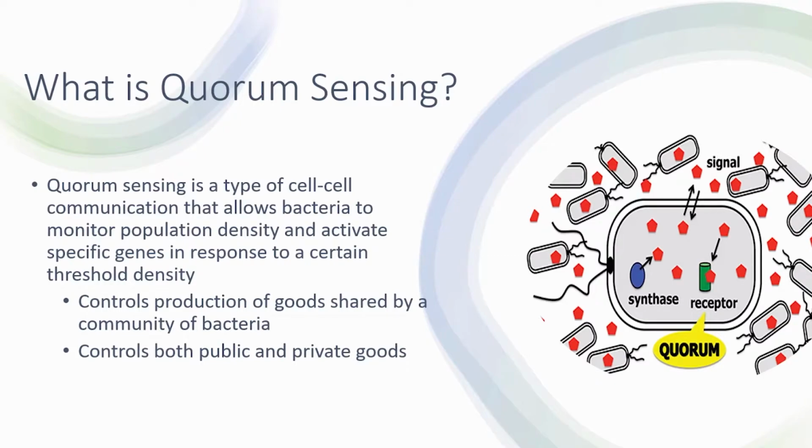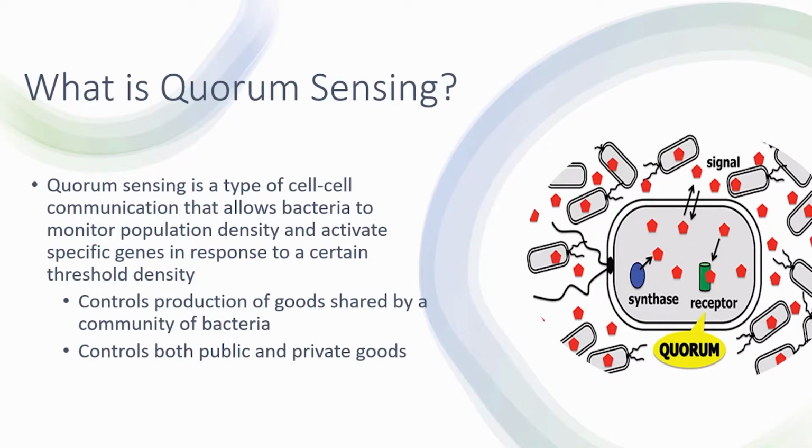The population density part of this is that if there's a large enough population, there will be more signals, and once the signals reach a certain threshold, that's when the receptor actually starts activating specific genes. They don't immediately activate those genes once they receive a signal. A certain amount has to reach it first for it to really start activating those genes.